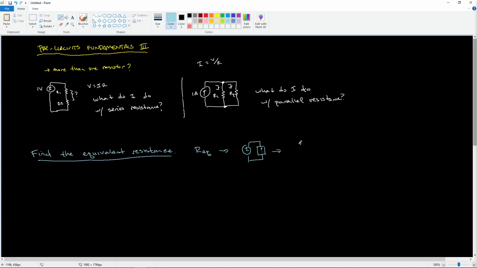There's a way where you could make that one singular load that this source is dealing with, the equivalent resistance Req, and then you can characterize that with Ohm's law. So if we can find one singular equivalent resistance instead of dealing with a bunch of different resistances, then we can simplify problems. And that is just one approach that's pretty useful.